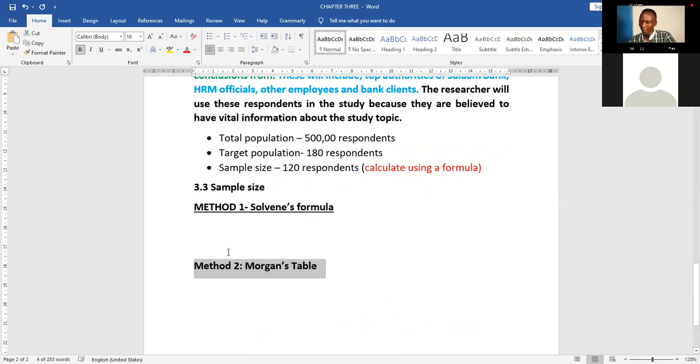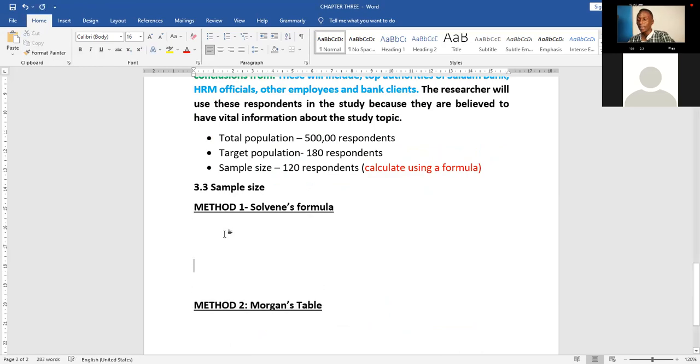These are the most common methods that we usually use whenever we are determining sample size in our research. Method 1 is Solven's formula, and method 2 is Morgan's table. Those are the only methods that we have for determining sample size.